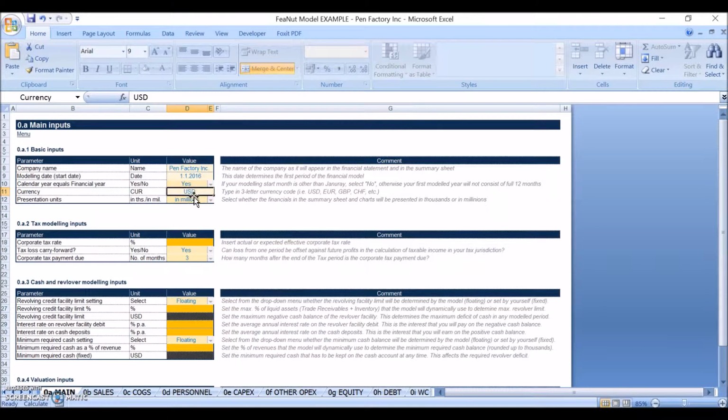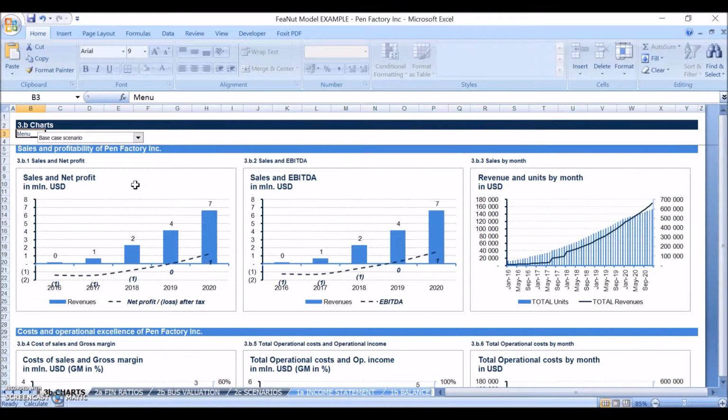So both of these selections are only for the presentation of data, where there is some automated text in here that says, see, now I switched it to millions, so all the charts automatically switched to million USD.